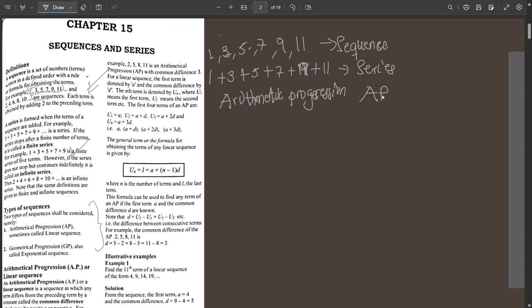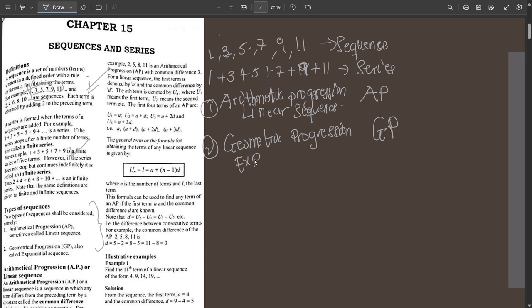In this lesson we are going to use AP to represent arithmetic progression. Arithmetic progression is also known as linear sequence. They are the same terms. And then we have geometric progression. This lesson will be using GP, also known as the exponential sequence.